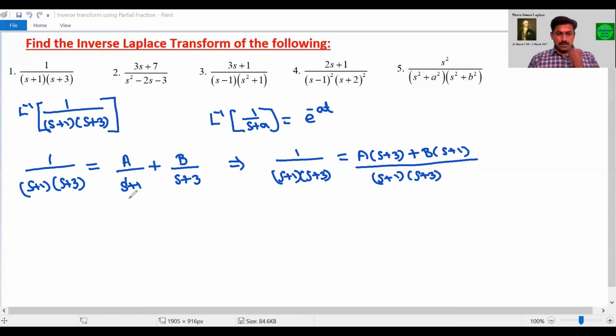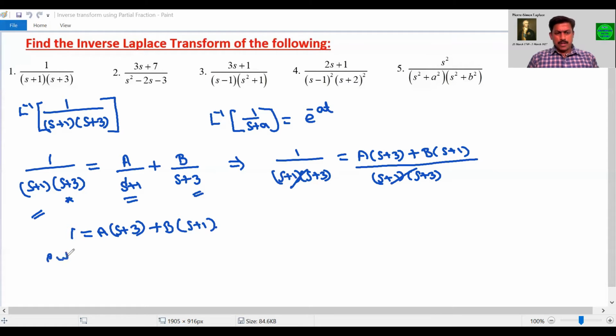In the first term, s plus 3 is missing, so we multiply by s plus 3. In the second term, s plus 1 is missing, so we multiply by that. After taking LCM, we cancel the denominators. That is 1 equals a into (s plus 3) plus b into (s plus 1).